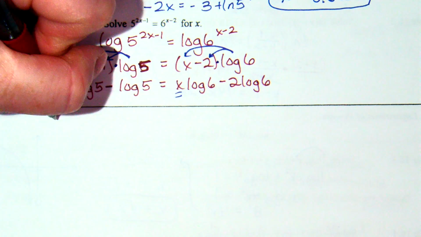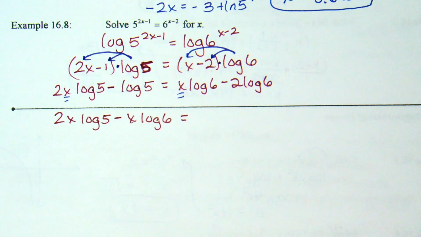So now I'm going to have 2x log 5 staying where it's at. I'm going to subtract over x log 6 equals, we're going to add over log 5, so log 5, and then we have the minus 2 log 6. And I could have written that second side in the other order. I'm not sure why I didn't, other than I put the positive first.